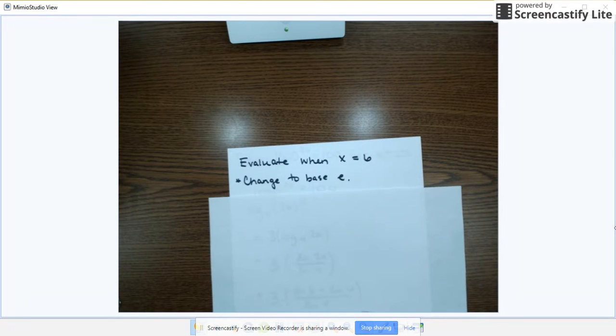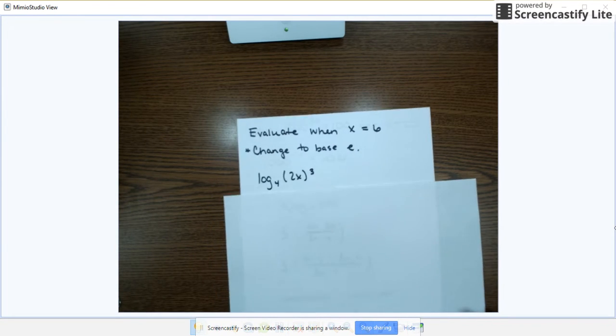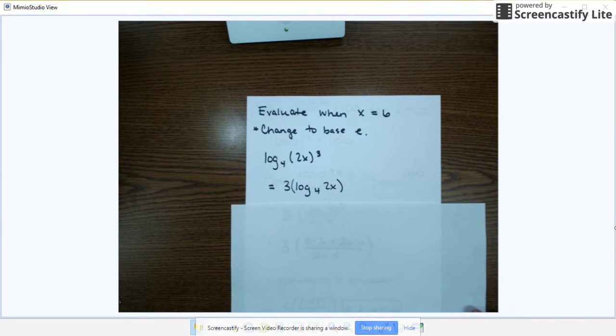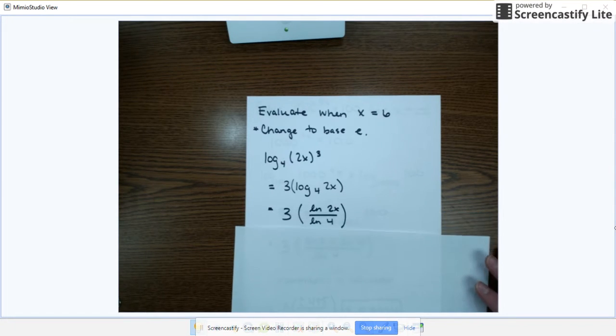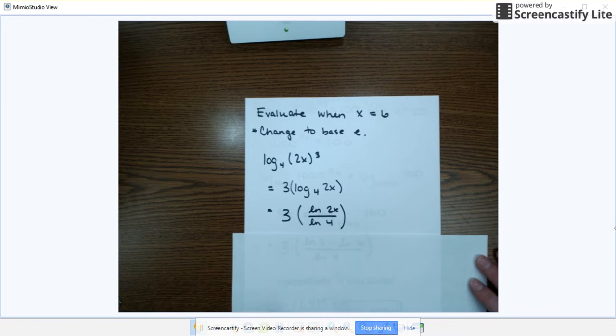Here we're going to evaluate when x equals 6, and we're going to change our logarithm to base e, so we're changing it to a natural log. Here's our problem. Pull out that exponent, use a change of base formula. That change of base formula can be used with logarithms or natural logs, so same idea, just this time we're changing it to base e, which is a natural log. So natural log of 2x over natural log of 4, still all of it times 3.